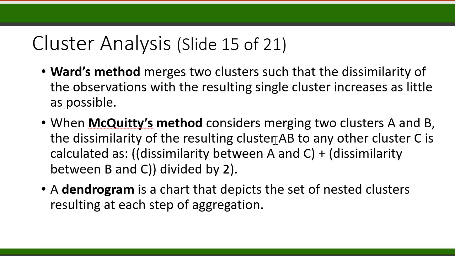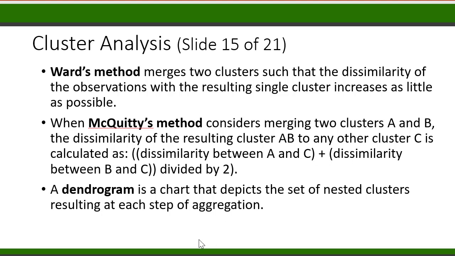So we put 2 together, then we say, okay, how different is that group from another cluster? So we take A and measure that dissimilarity, however we're doing that, with C, and then add that to the dissimilarity of B, and then get an average, so dividing by 2.